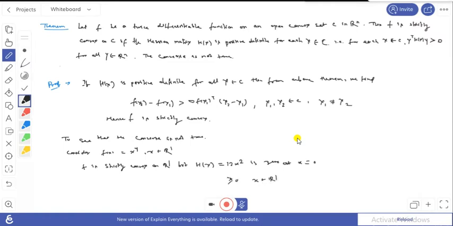So it is not strictly signed here. Hence H(x) is not positive definite, because here H(x) is positive semi-definite. So that's why the converse part is not true for a strictly convex function.